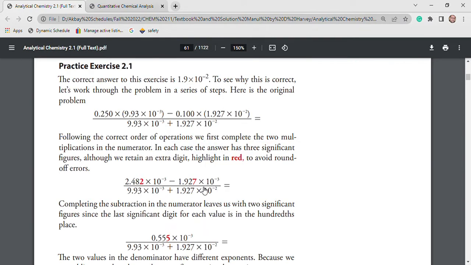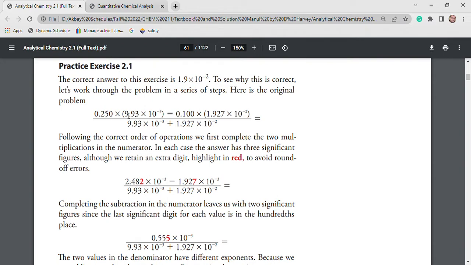And the solution, if we look at the solution here, you see we have to take care of the first one, for example. So when you do those two, you keep the exponential the same, so 10 to the negative 3. So you just multiply these two numbers here. The significance of those, well, this is the significance of this scientific notation, and that will give you 2.482.